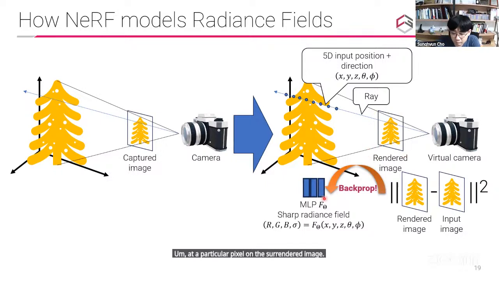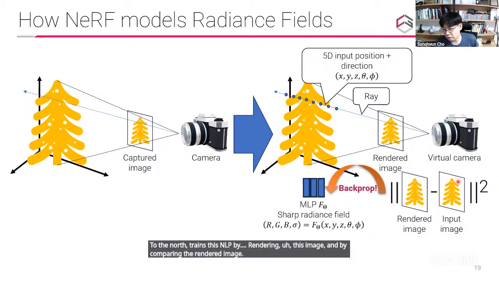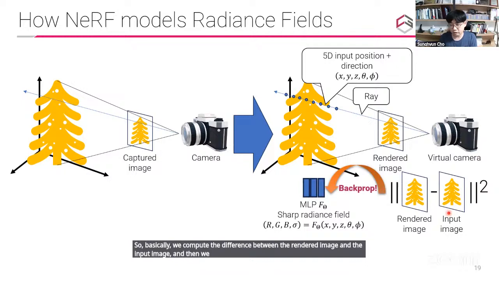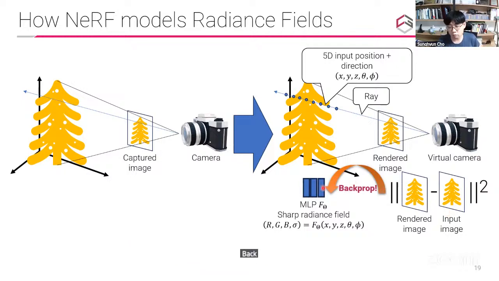And so NeRF trains this MLP by rendering this image and comparing the rendered image against the input image. Basically we compute the difference between the rendered image and the input image, and then we backpropagate the gradient back to the MLP, and we update the parameters of the MLP using multiple input images.